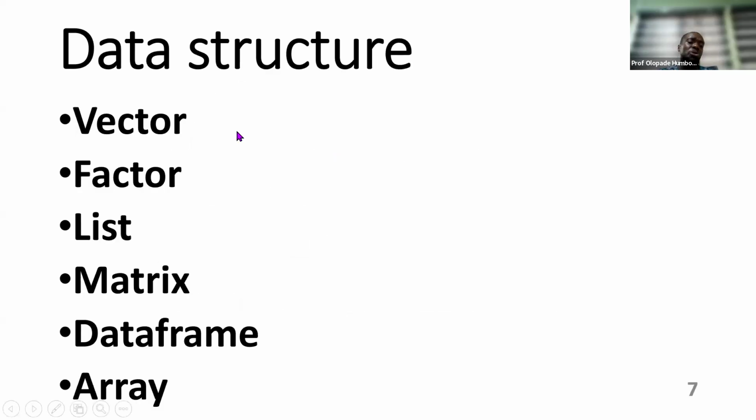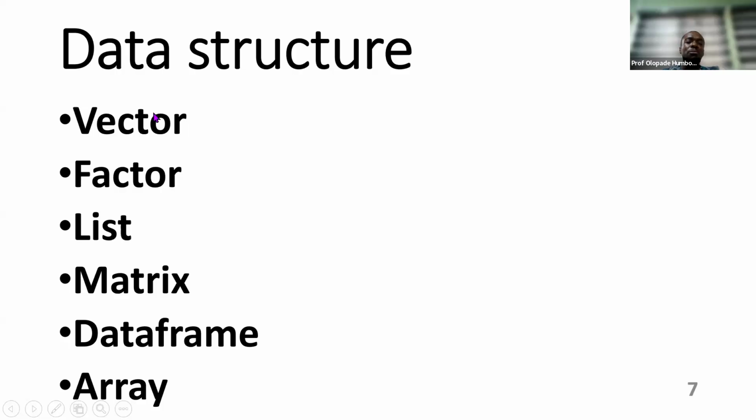Then for data structure in R, there are many data structures. We have vector, factor, list, matrix, data frame, arrays, and much more. But for this class, we will focus more on vectors and data frames.